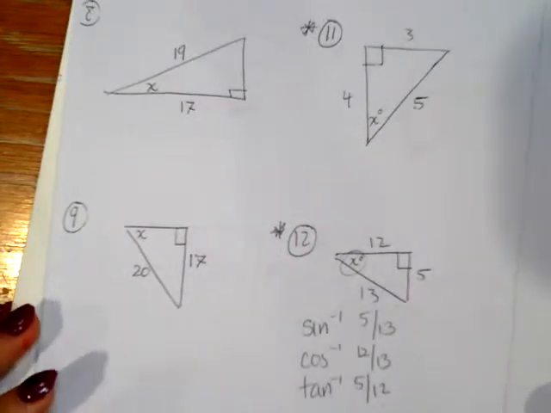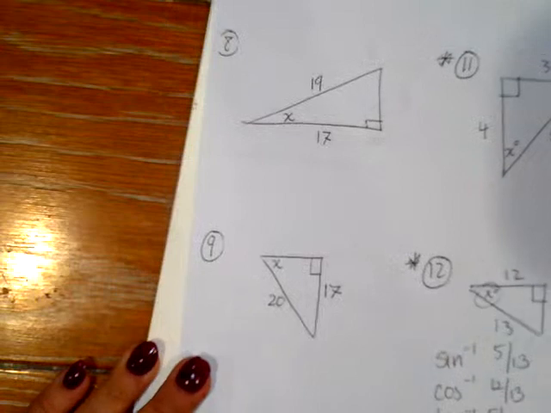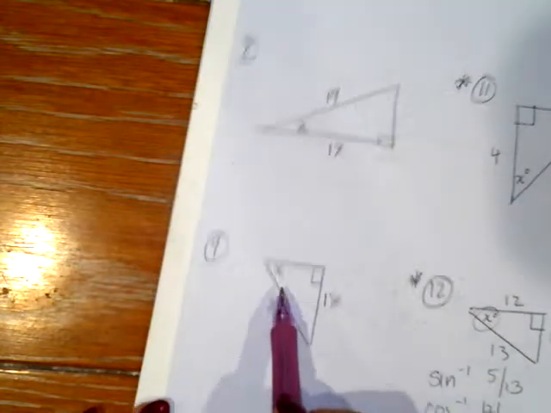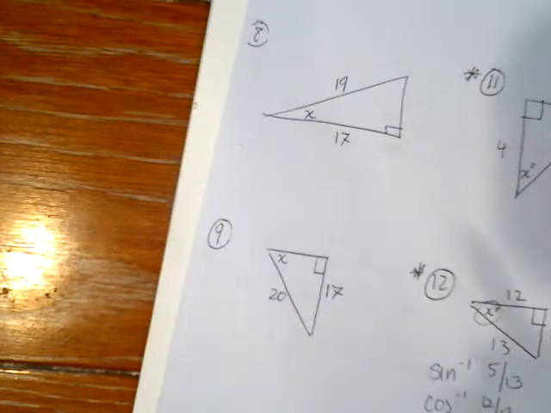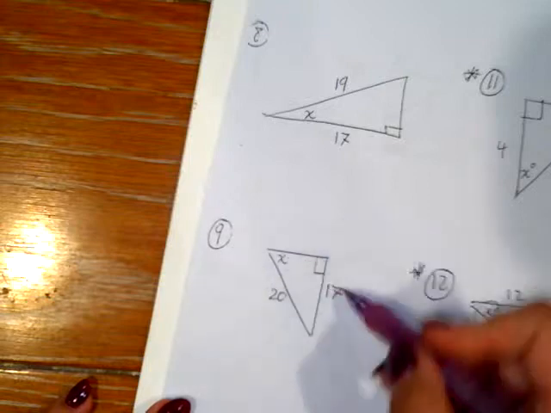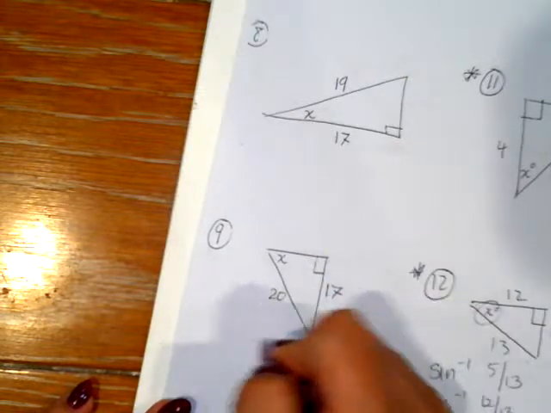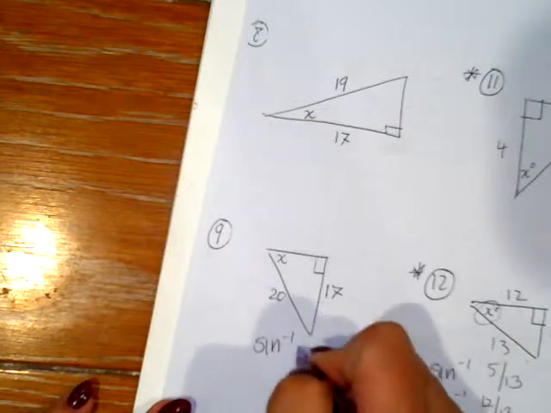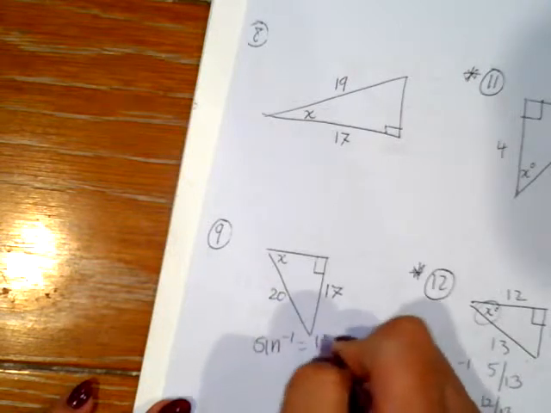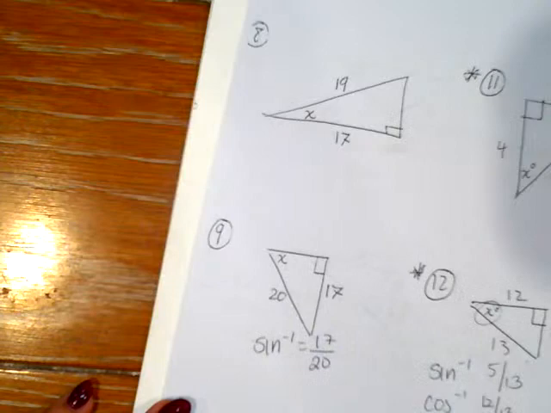For number 9, you're looking for an angle here. You got to use inverse sine, cosine, or tangent. And for this one, you have opposite over hypotenuse. So that would be inverse sine equals opposite over hypotenuse.